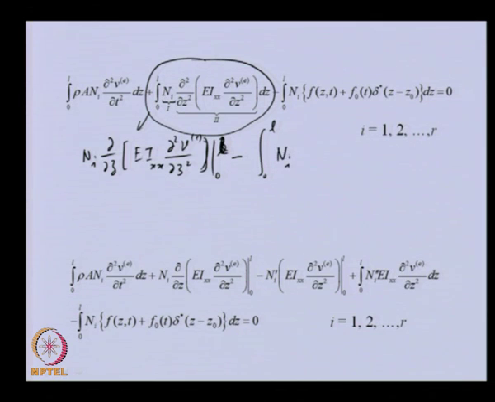Differentiation with respect to z I am writing as prime, and this will be integration of the second term, that means the same as this term, dz. So, we have done integration by parts of this once.